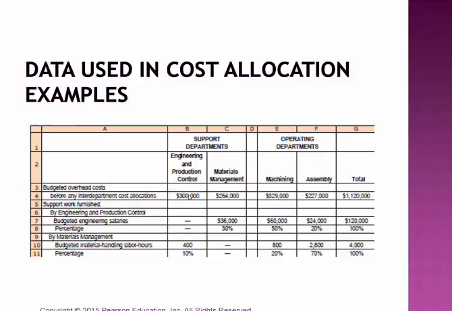And the fact that we're going to do the direct method here initially, I'm going to say that we are going to skip including this $36,000 in our calculation, because we're going to take this $300,000 and we are going to allocate it directly to only the operating departments, the machining and the assembly. All right, so they've got $60,000 and $24,000 in salaries.